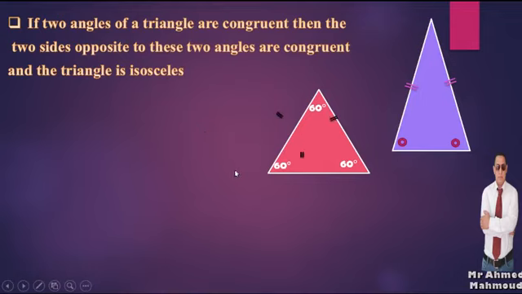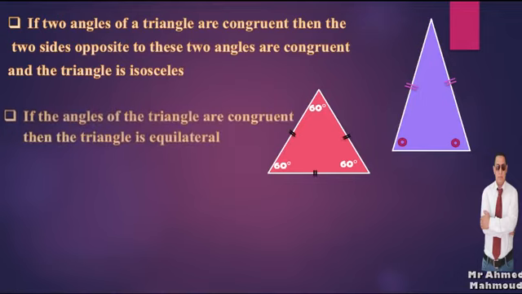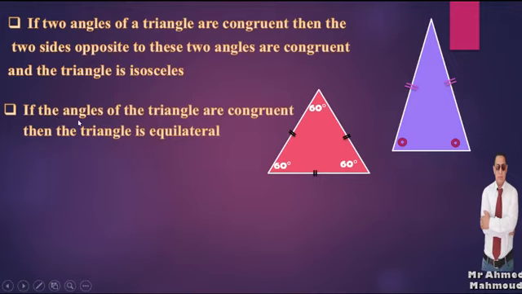We can say that if the angles of a triangle are congruent, meaning equal in measure, then the triangle is an equilateral triangle.